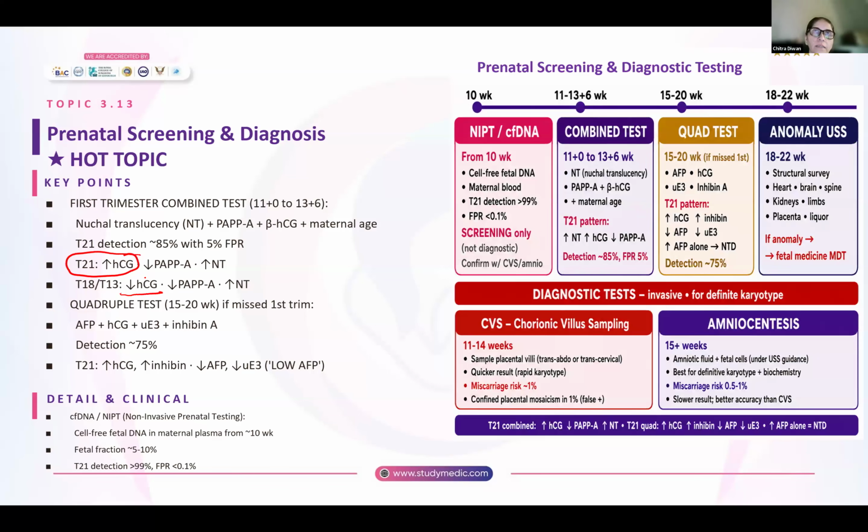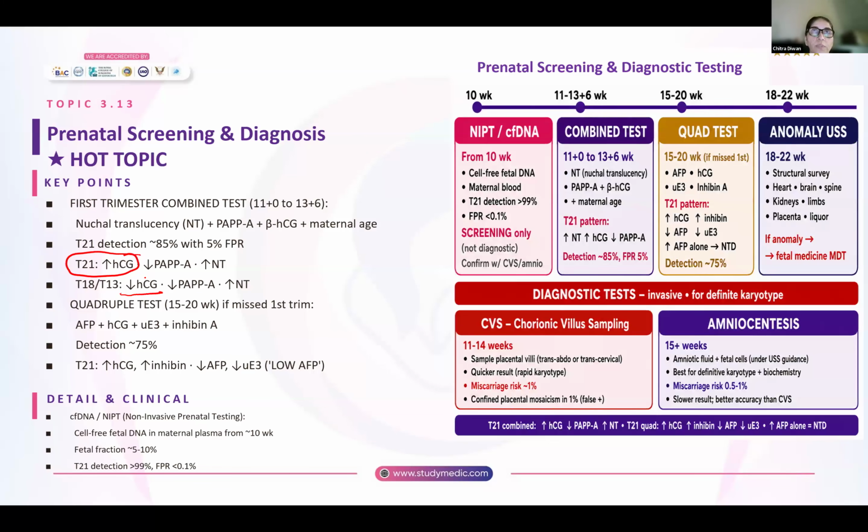Now, if any lady misses the first trimester screening, or the combined test is missed, you can do the quadruple test. It is done at 15 to 20 weeks of pregnancy. Here, 4 biochemical markers are there: alpha fetoprotein, HCG, estriol levels, and inhibin A. Detection rate is a little bit less, about 75%.